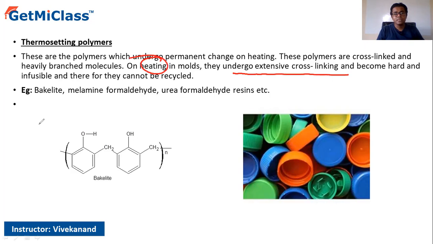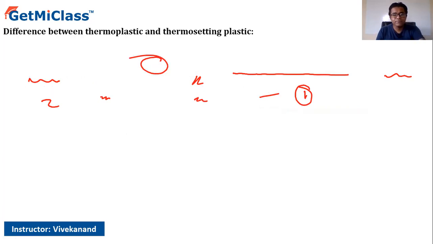Due to extensive hard cross-linking, they become hard and infusible. They cannot be recycled, for example bakelite, melamine formaldehyde, urea formaldehyde resins, etc. You can heat it just once, you cannot recycle. So that is the basic difference between a thermoplastic and a thermosetting.